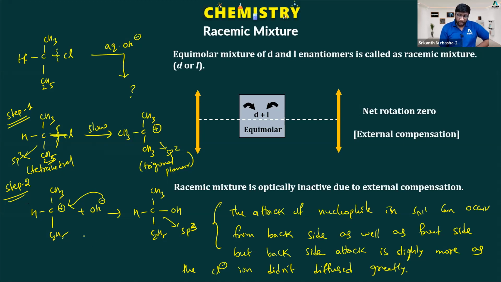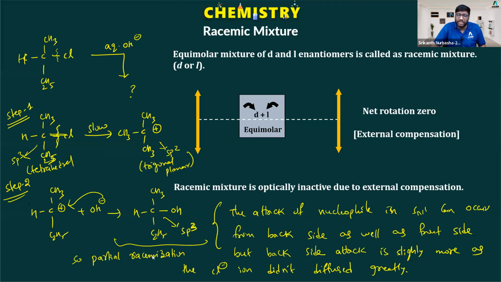So what type of stereochemistry will we have? So racemization occurred or partial racemization occurred? Partial racemization occurred. If we have exactly 50% D and 50% L, 50% front attack and 50% back attack, then it is a racemic mixture. But here completely 100% racemization did not occur because backside attack is slightly high.